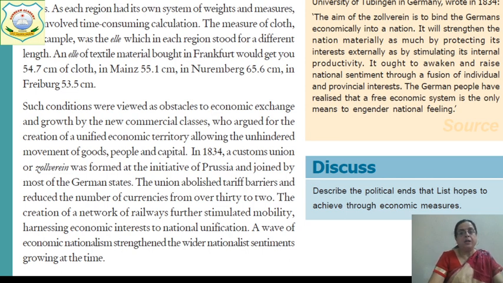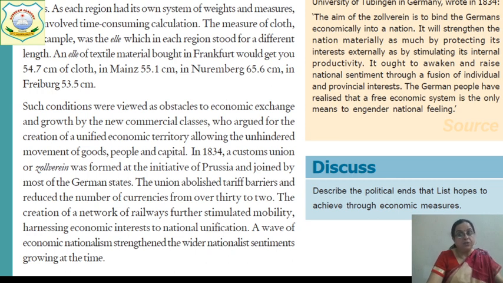So the custom union abolished tariff barriers and reduced the number of currencies from how much? From over 30 to 2. पहले 30 करेंसीज हुआ करती थी, उसको कम करके कस्टम यूनियन या ज़ोलवेरेन ने उसको 2 कर दिया. And the custom union also abolished tariff barriers.